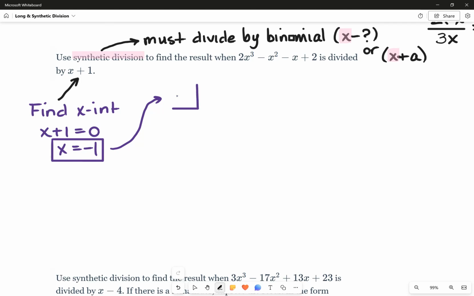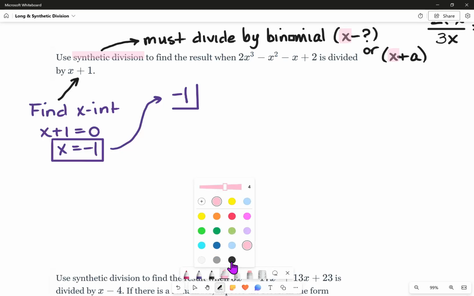I need you to put your x-intercept in there, in this case, negative 1. And then I want you to get every single one of the coefficients in front of your x's, including your constant, and list them right next to that x-intercept.